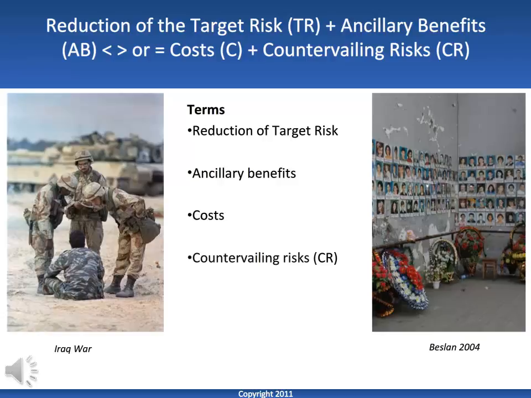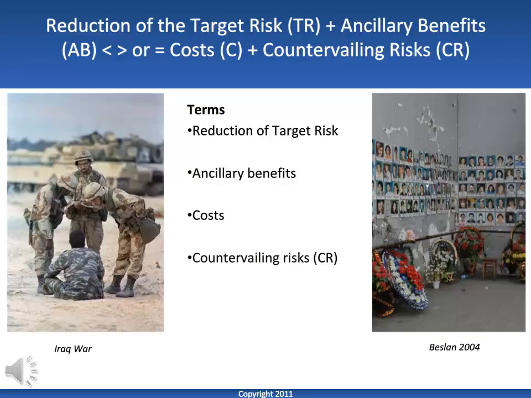In analyzing precaution and conducting risk management in response to a threat, it's important to understand the following formula, which I think is very important. Reduction of the targeted risk, TR, plus the ancillary benefits. What are things outside of the elimination of the initial threat that you want to eliminate? Those are on the positive side of your equation.